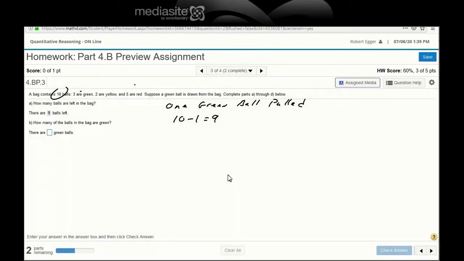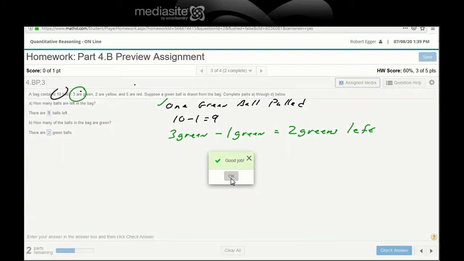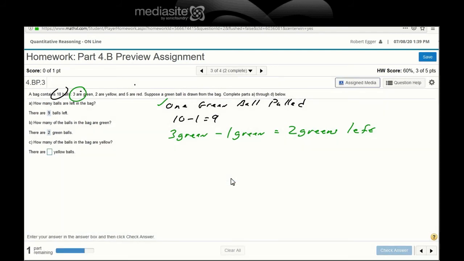How many balls in the bag are green? Again, we started with 3 green, took out a green, so I guess we have 2 greens left. How many balls in the bag are yellow?